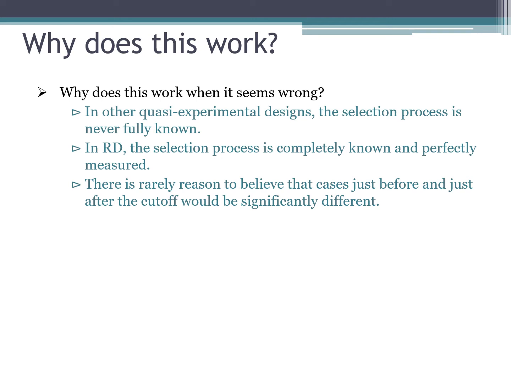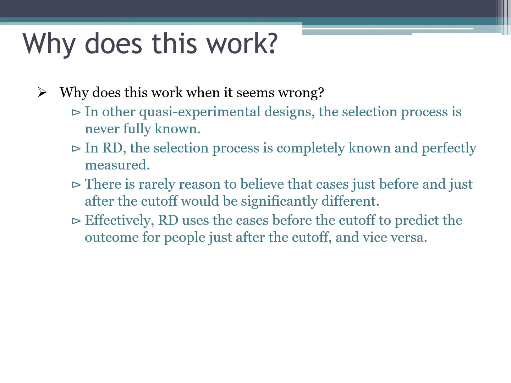So again, there's rarely reason to believe, except for the exceptions that I just gave, that there would be some other reason that the cases just before and just after the cutoff are significantly different from one another. If we observe that strong regression discontinuity, we have a very strong reason to believe that that is due to the assignment, because it's unlikely that some other mechanism is so correlated with that assignment variable and it happened to produce a change right at the cutoff that we chose.